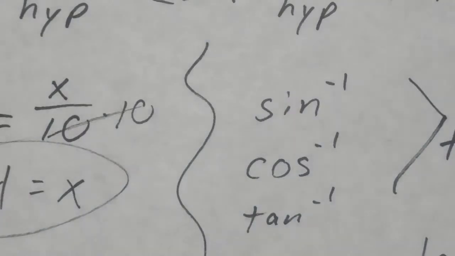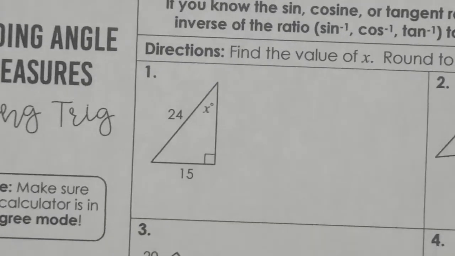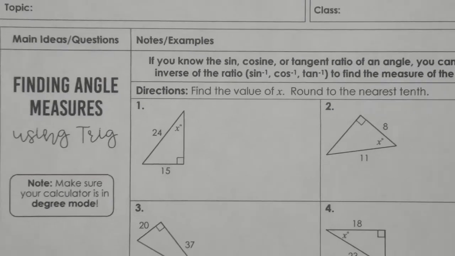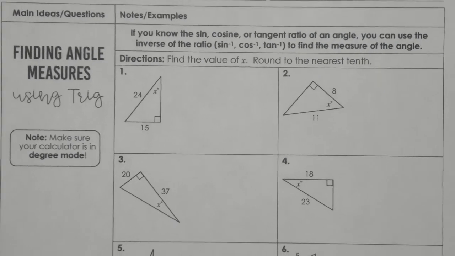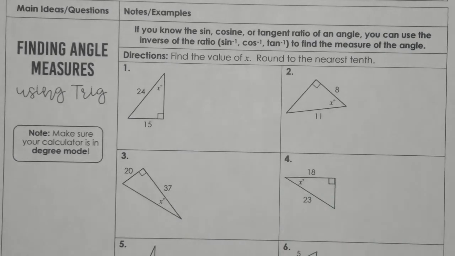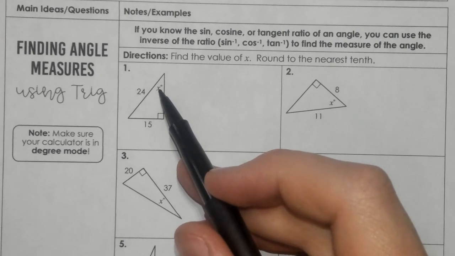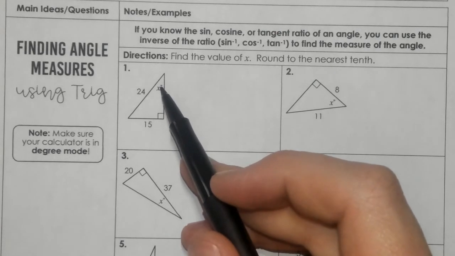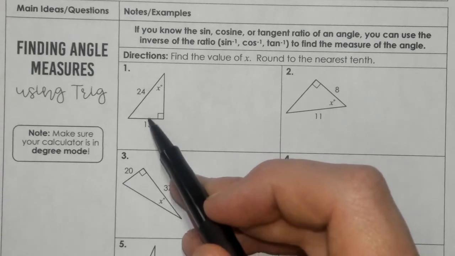So let's look together at the first page of your lesson 8.3. Okay, so this is 8.3, and this talks about inverse functions like I just told you, but let's look at number 1 together. So we have a missing angle that we're trying to find, and from that angle we're given the side adjacent, the side opposite, and the hypotenuse.